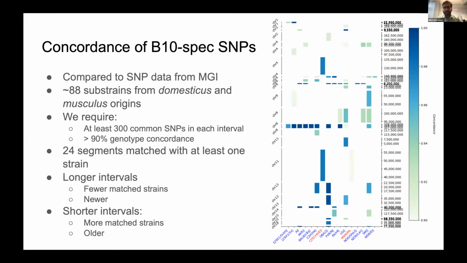So next, we looked at the SNP data from MGI and compared our B10 specific SNPs to them. The data set from MGI has about 88 substrains from domesticus and musculus origin. We required at least 300 common SNPs in each of these segments, and more than 90% genotype concordance.